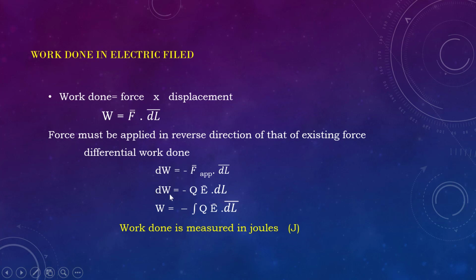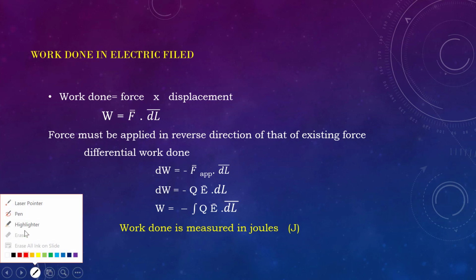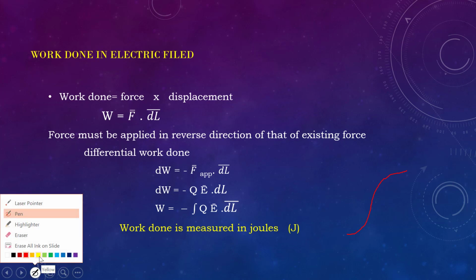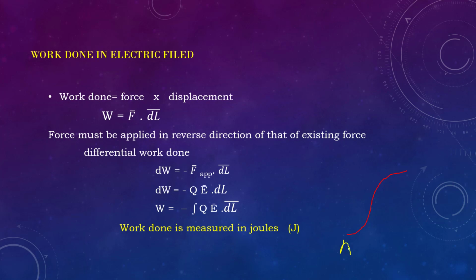Now if I want to find the total work done from one point to another, suppose we have drawn a path like this and we want to move a charge Q from point A to point B. Then we have to divide this path into small paths, each having a value equal to dl.